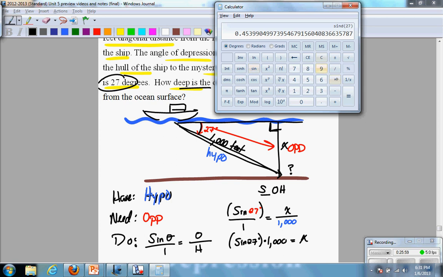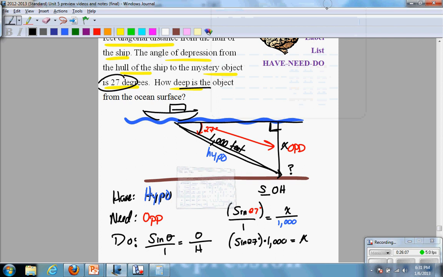We're going to times that by 1,000, and we get 453.99, so it's 454 feet. So the object is 454 feet below the surface of the ocean. Check your work. See if you did it correctly. If so, fabulous job.